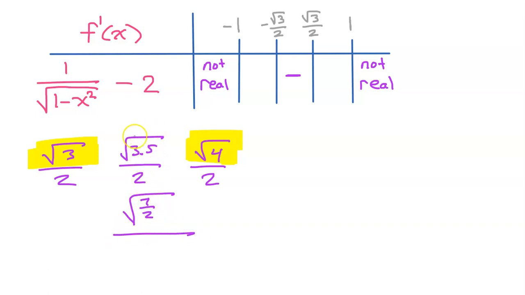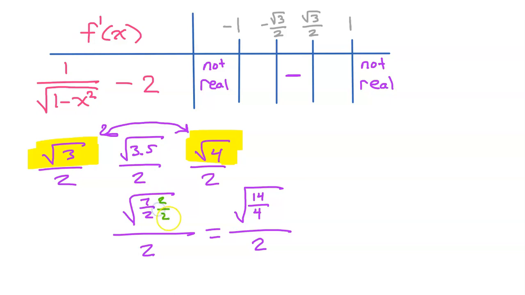So this magical value that is between radical 3 over 2 and 1 is the square root of 7 over 2 over 2. I would love to be able to simplify, so I'm going to multiply by 2 over 2 just so I can get a square root in the denominator.